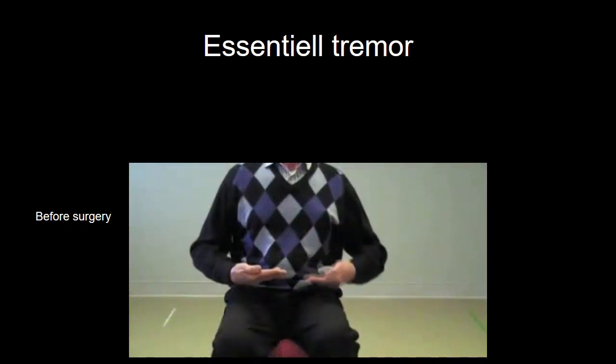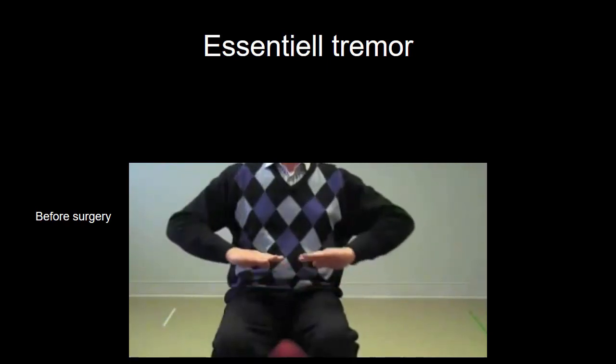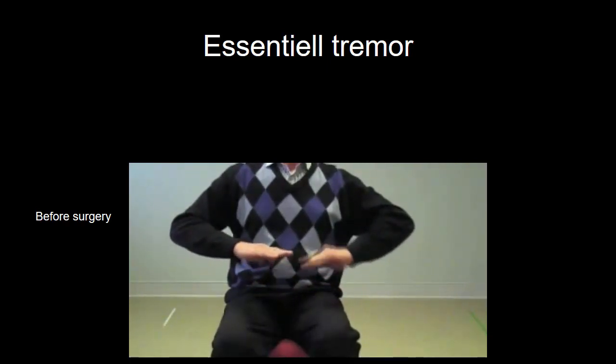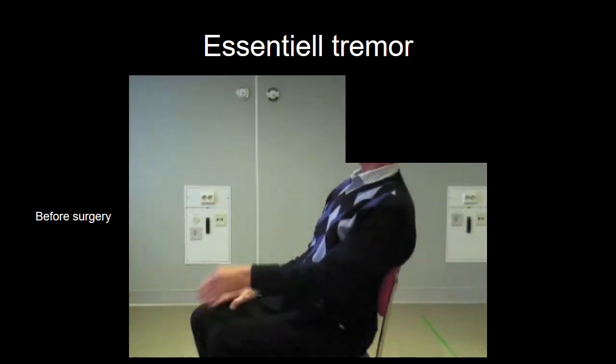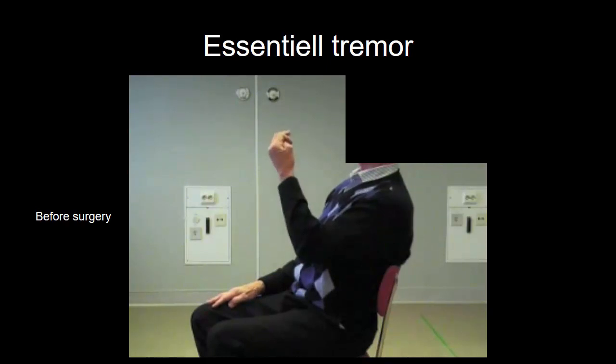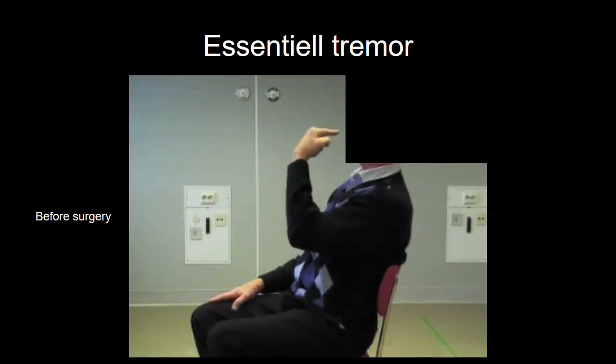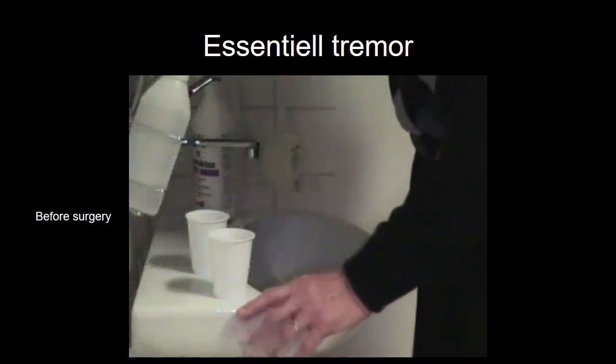This is an elderly left-handed gentleman with unilateral DBS, here seen before surgery. In younger patients with a more modest tremor, it is often possible to remove virtually all of the tremor. But in the older population with more severe tremor, with higher amplitude, there will often be some remaining tremor.